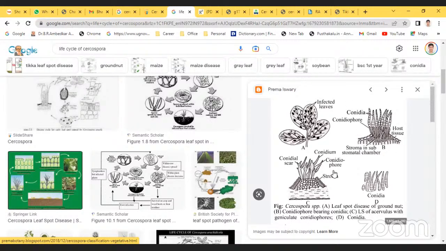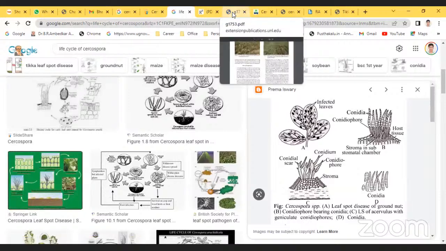This you will show the examiner at the time of your practical examination. Already we discussed the symptoms. So this is regarding Cercospora disease in the groundnut, Tikka disease in the groundnut, leaf spot disease in the groundnut.